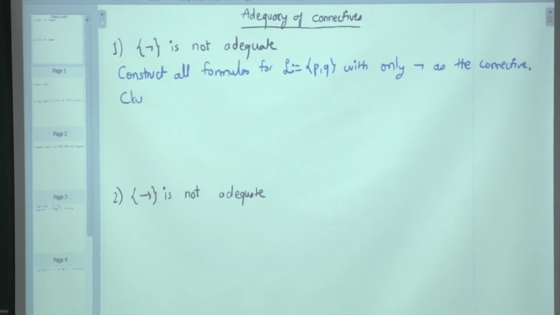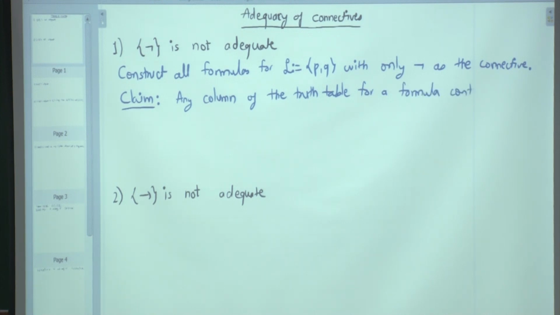Then claim that any truth table, any column of the truth table for a formula contains exactly half T's and half F's. So this is your claim, and how will you prove this claim?